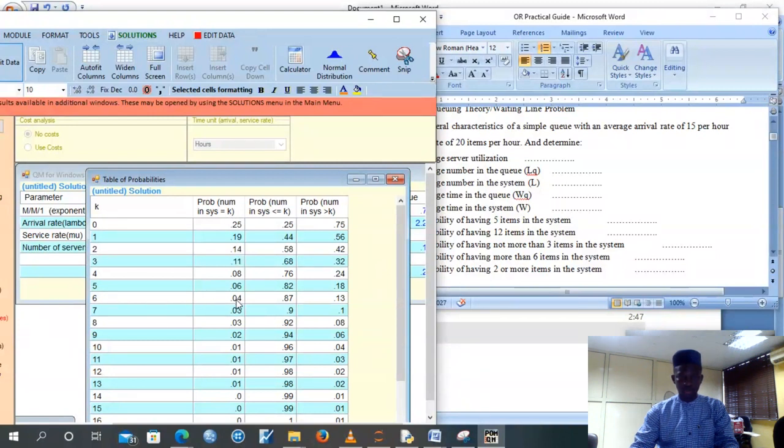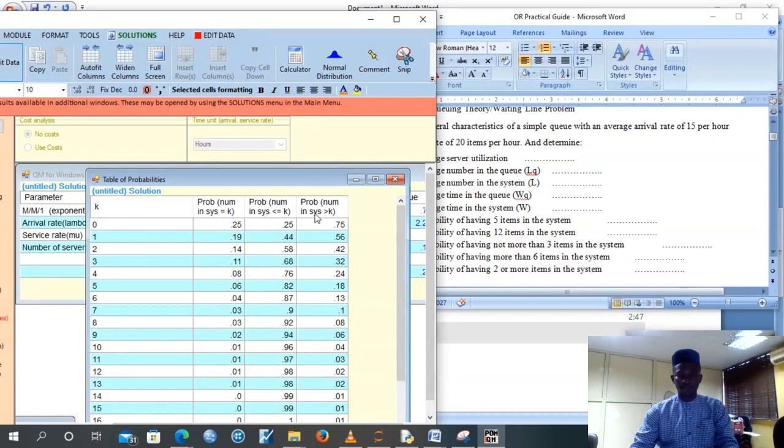Probability that there will be 6 is 0.04. The next one is probability of having less than or equal to. Probability of having less than or equal to 3 is 0.68. Less than or equal to 7 is 0.9. Less than or equal to 3 includes probability of 3 itself, 2, 1, and 0. If we add each of those probabilities, they give the cumulative equivalent.